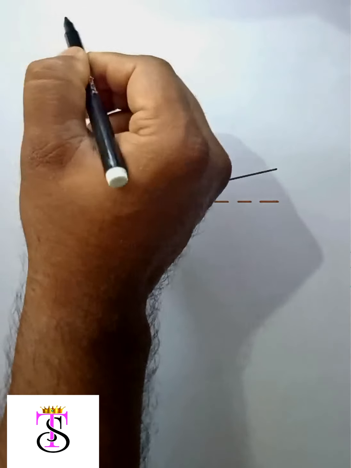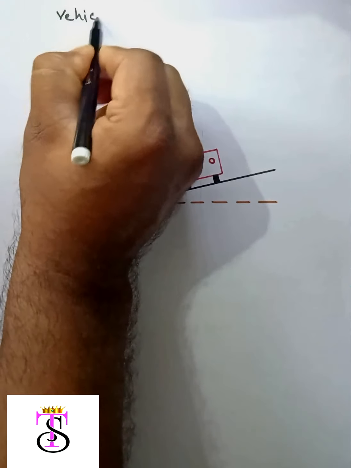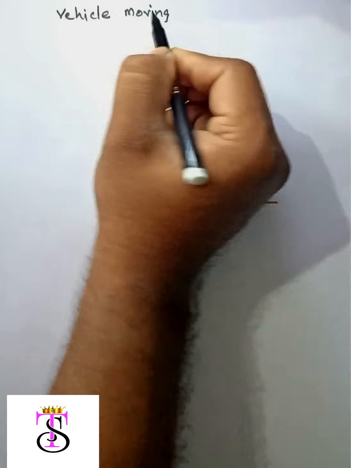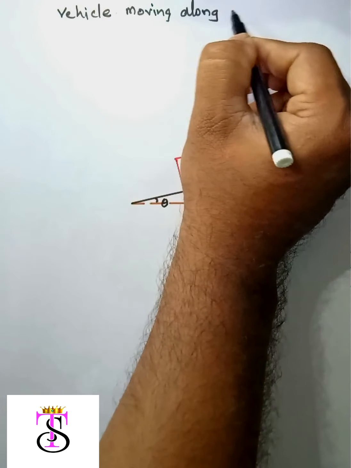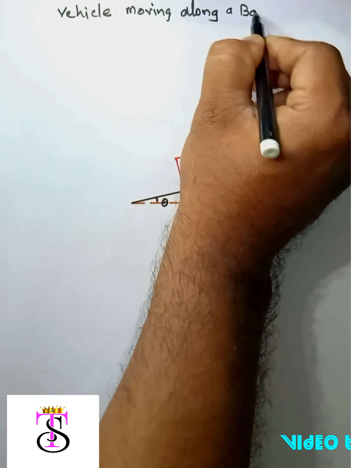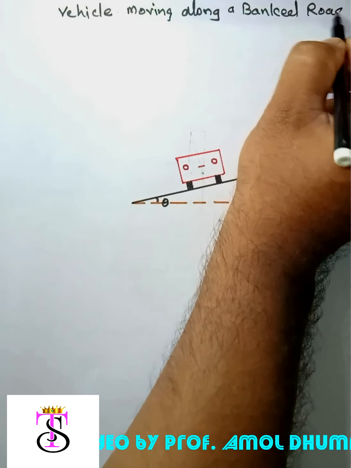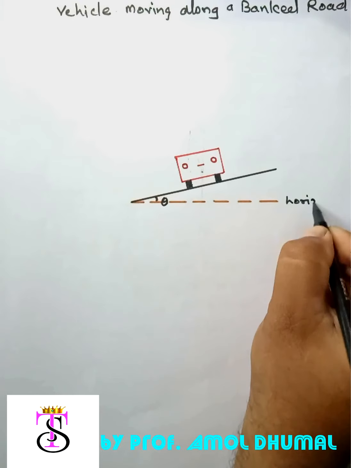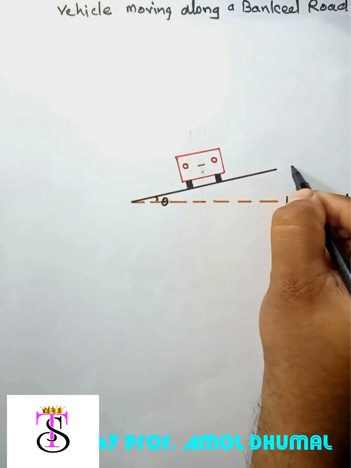In this video, we are going to see a vehicle moving along a banked road. This is the horizontal, this is the road surface.